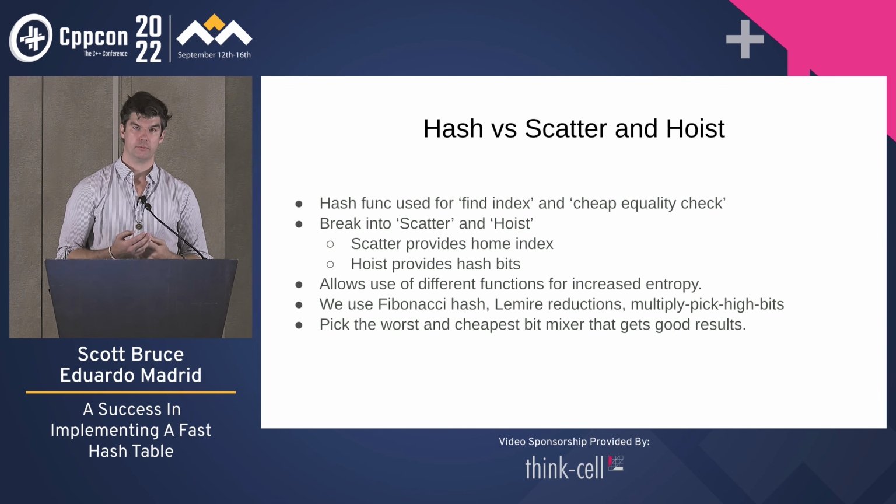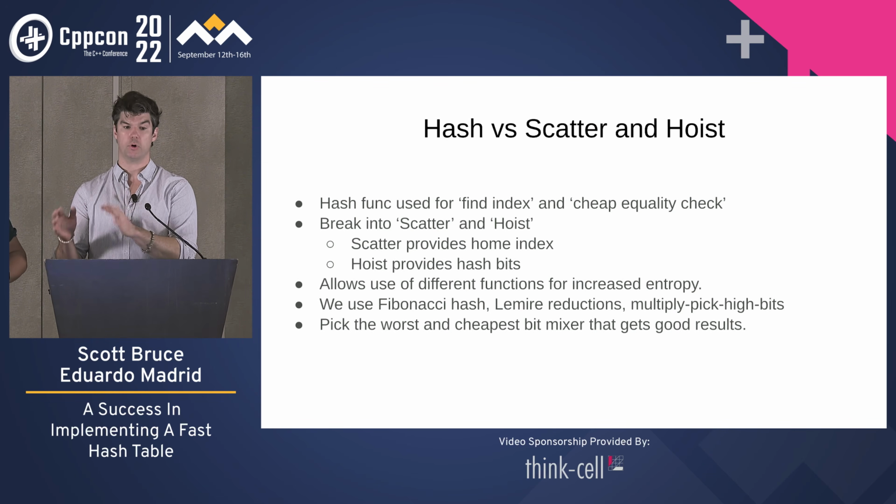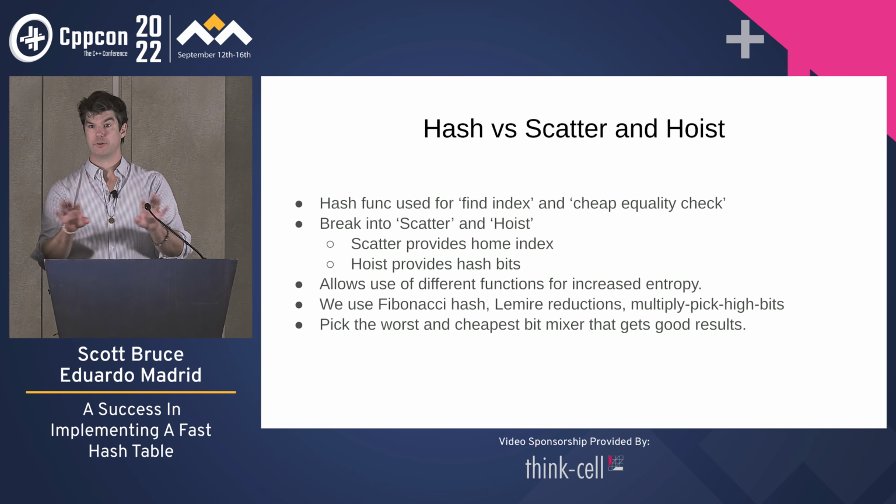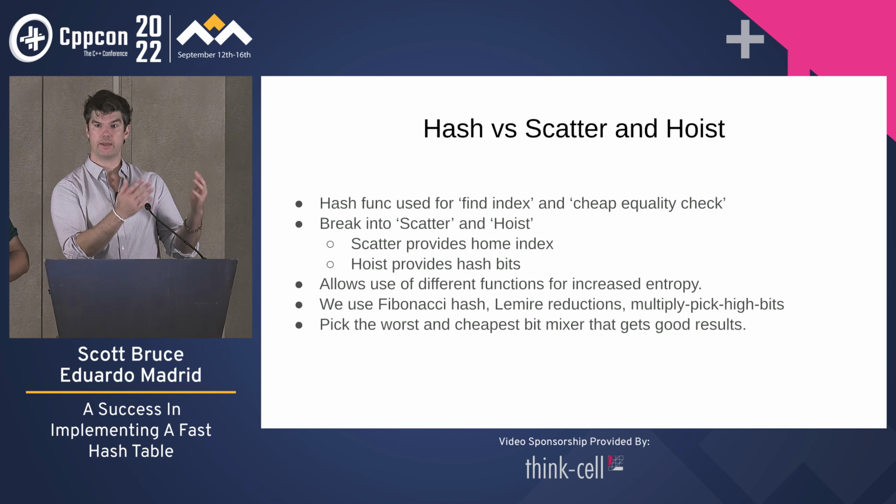So we've done something that we think is interesting, which is break apart the functionality of a hash function or a hash code. Usually we use this for finding an index, and we use it for doing a cheap equality check. So we've broken these into 2 different functions to try and increase the entropy. One of them is scatter, which finds a home index for your element based on its characteristics.